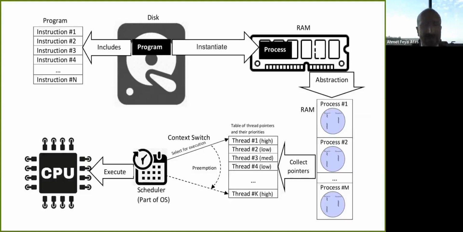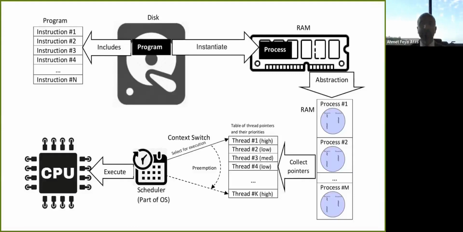You remember if, then, else, switch, and so on. When you instantiate your program, it is loaded into RAM, random access memory. An operating system makes an abstraction and converts them to processes. One program may launch one process or more than one process.